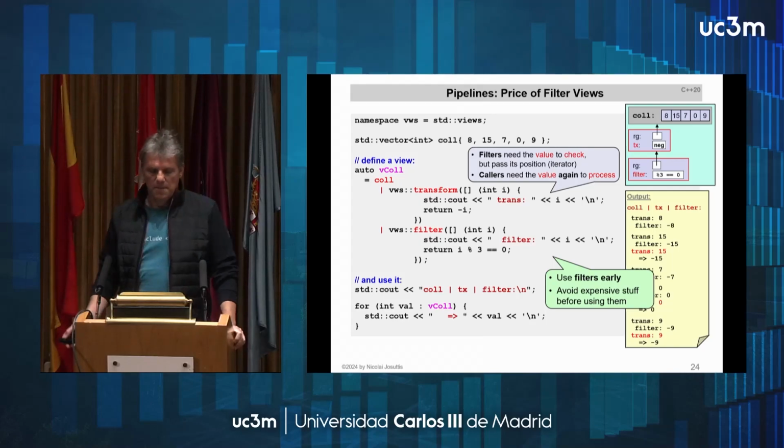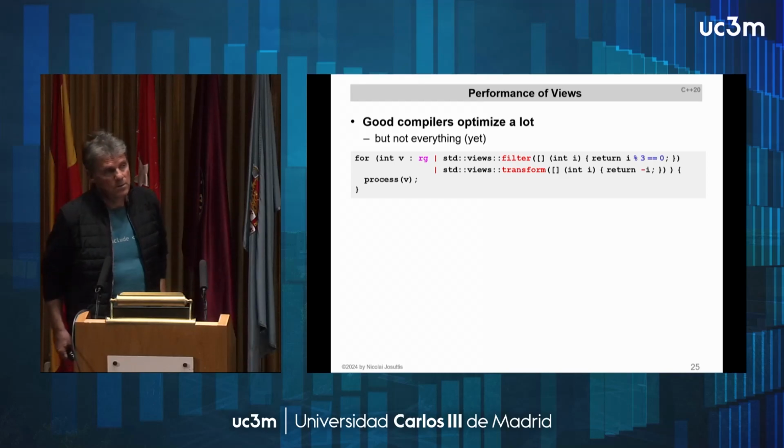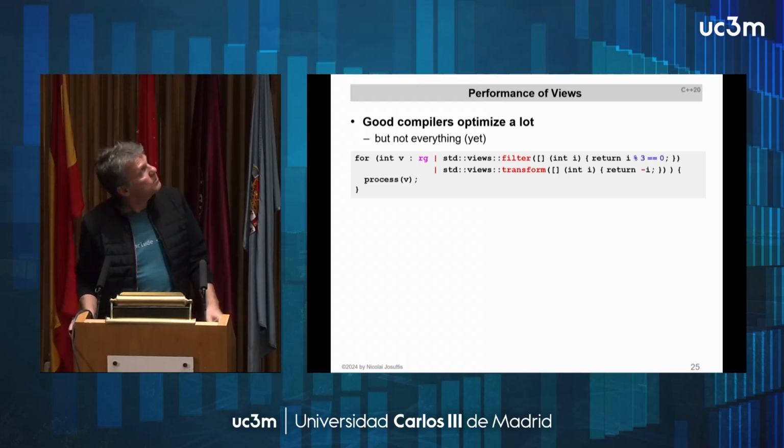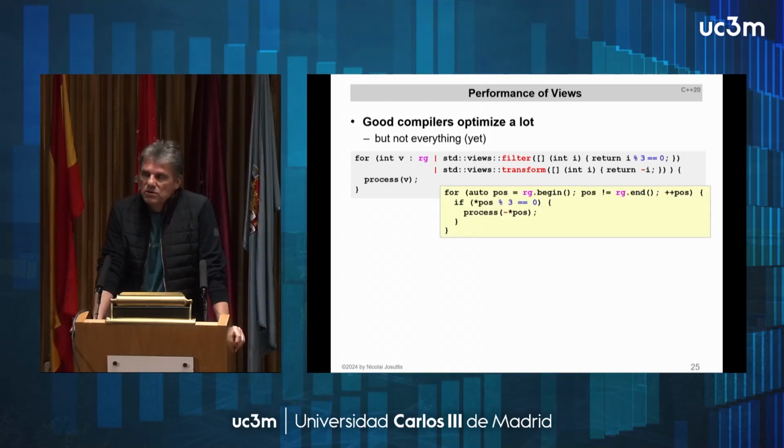So essentially, what we compile here is something like this. We say, let's start with a range, iterating over a range where we call a filter and a transformation, which is essentially, let's iterate from begin to end over the core range, the basic range, and then use a filter and a transformation to decide what to do.